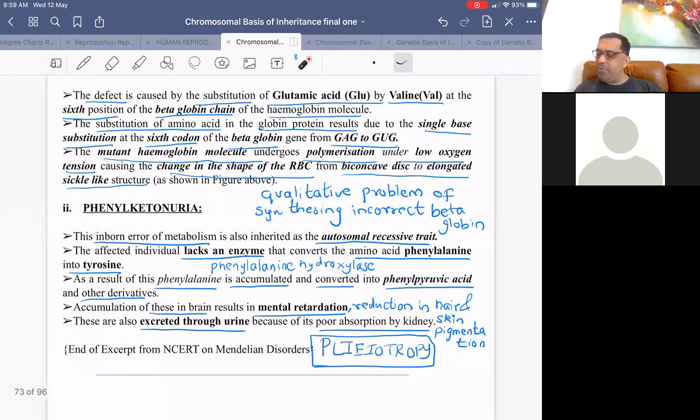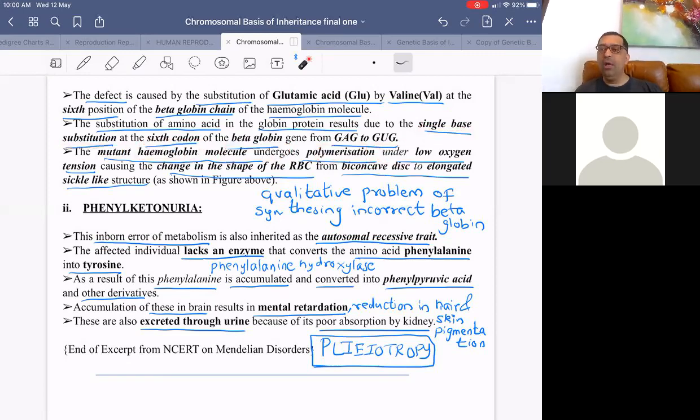And this substitution of the amino acid in the globin protein results due to a single base pair substitution at the sixth codon of the beta globin chain from GAG to GUG. Now check this out.